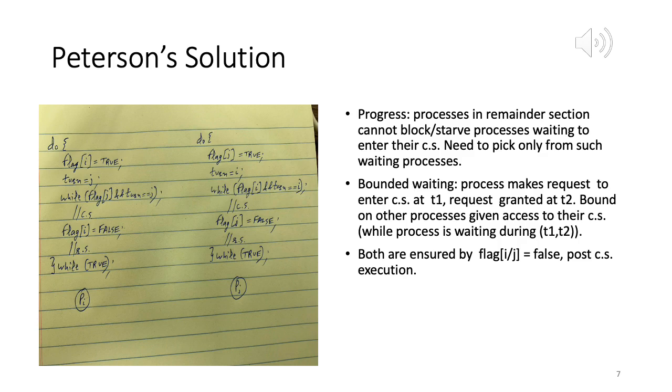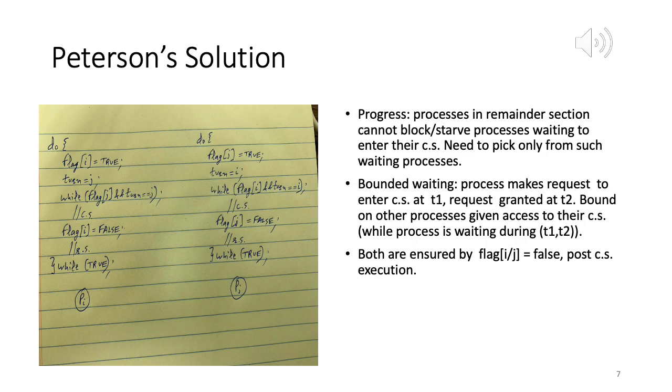Likewise, similar holds for the other side as well. If Pi is in its remainder section, then it cannot block or starve Pj if Pj is waiting to enter its critical section. Right. So that's what we are saying.